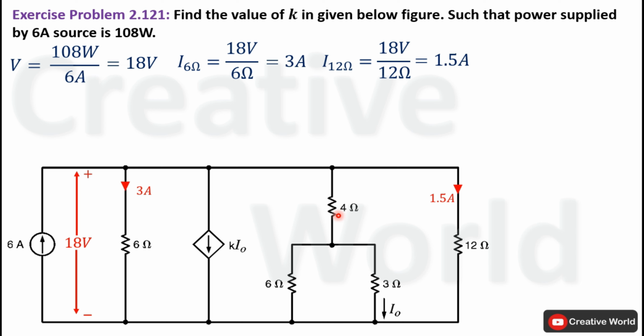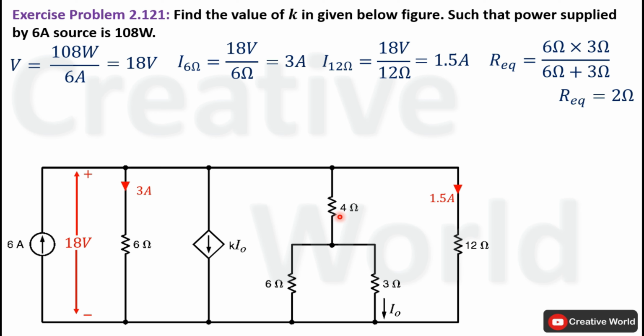In order to calculate the value of current through this branch, we have to simplify this network. These two resistances are connected in parallel, so we find their equivalent resistance, which is the product of both resistances divided by their sum. R equivalent of these two parallel resistances will be equal to 2 ohm and this 2 ohm will be in series with 4 ohm.